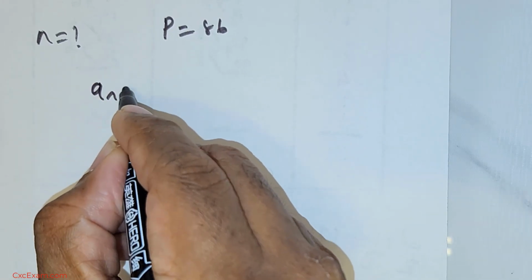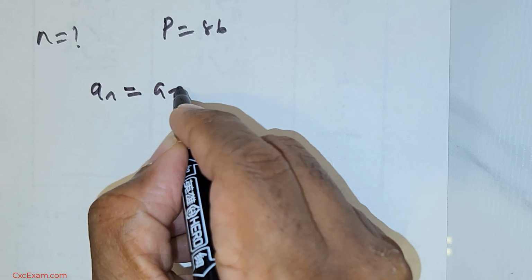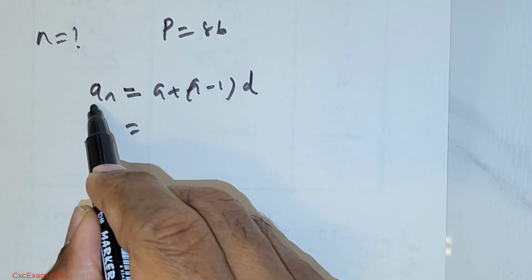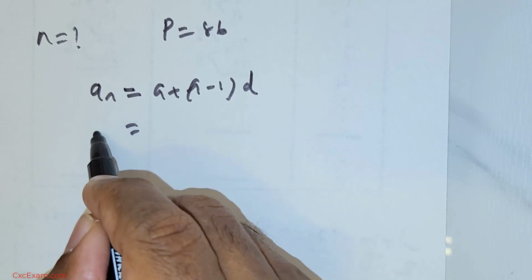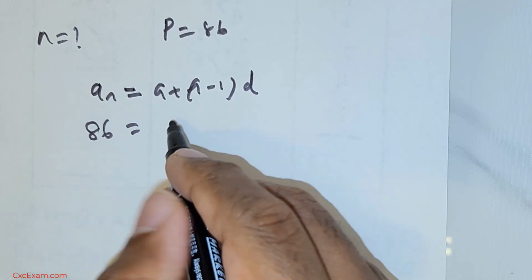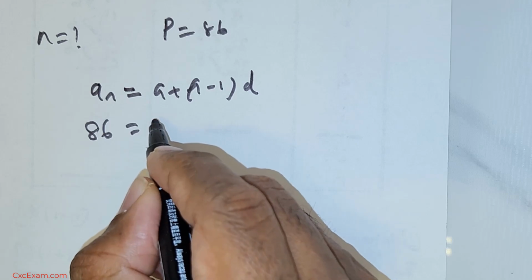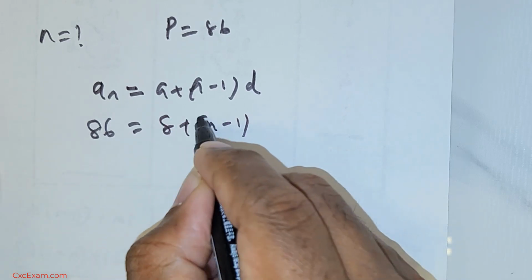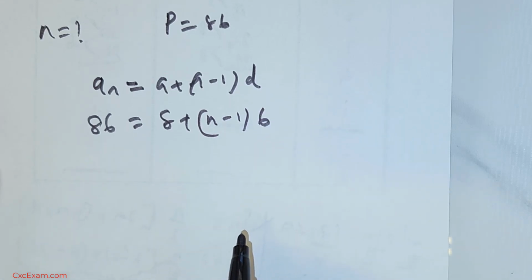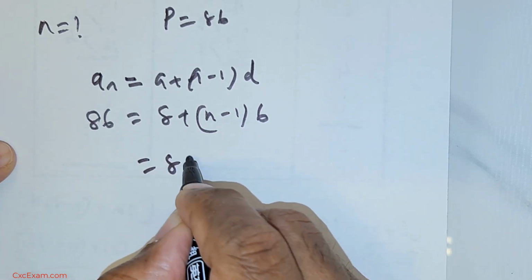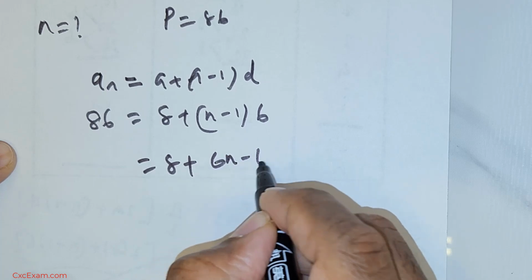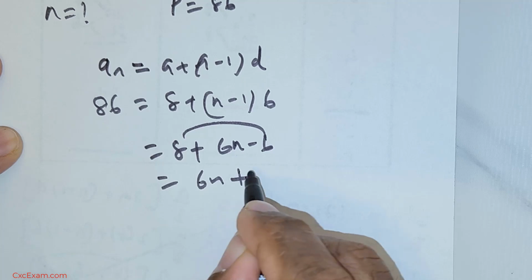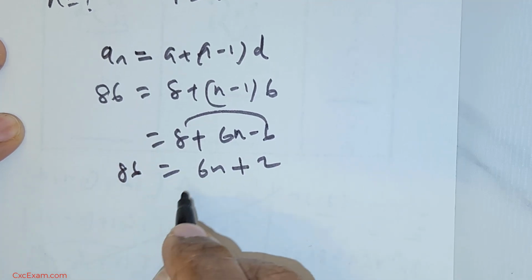And that's going to be a suffix n is equal to a plus n minus 1 into d. So a suffix n is known, the first term is also known, n is what is required, the common difference is 6. So this is 8 positive 6n negative 6, which is equal to 6n. 8 added with negative 6 will give you 2, and this is 86.